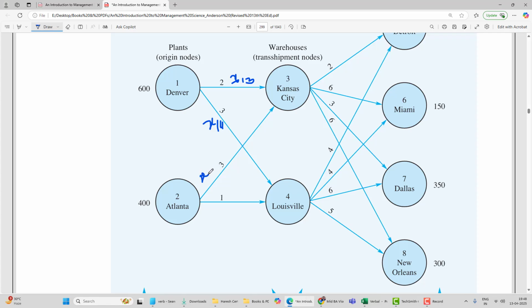This can be x23, like this. Here, for example, this will be x36, because we have different numbers given to all the destinations as well as origins, we can use them.